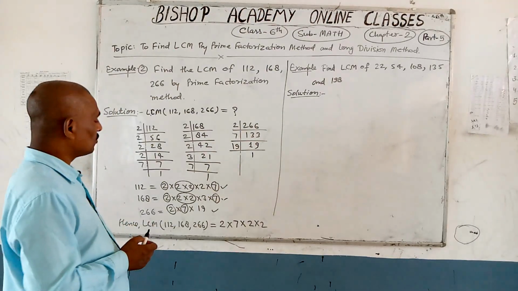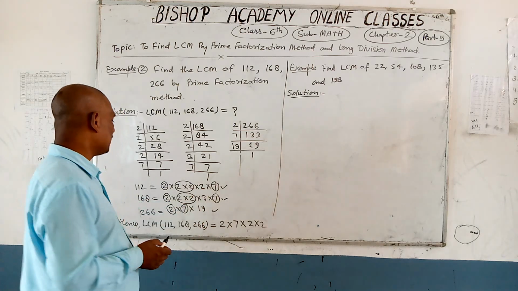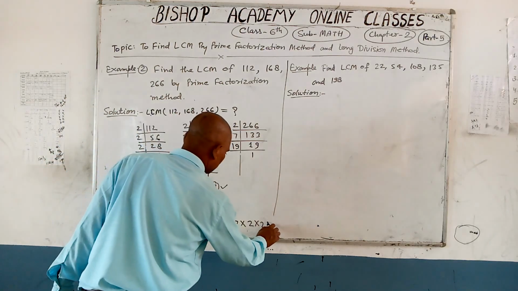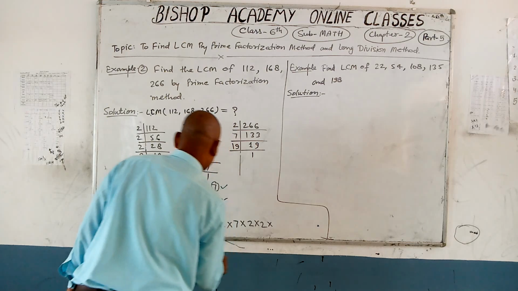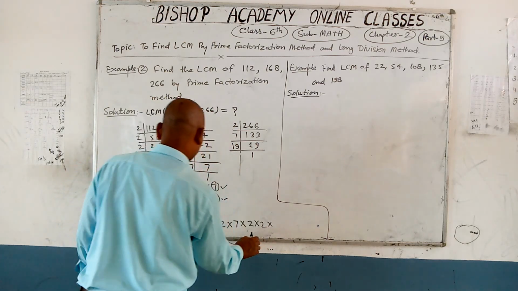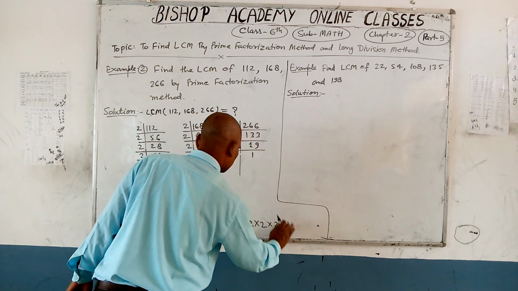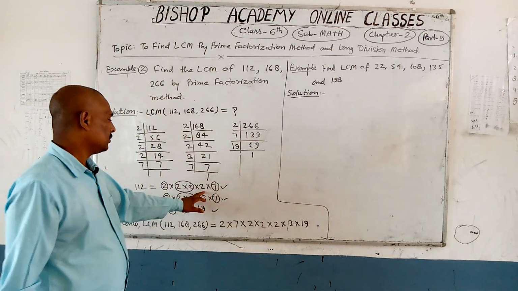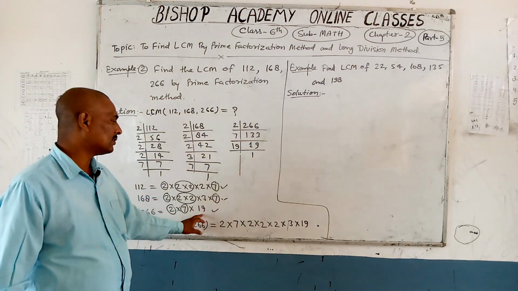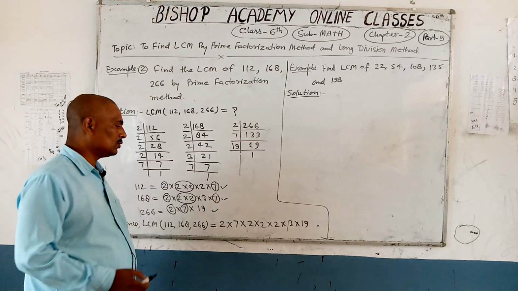So you will multiply the remaining factors with the factors written here: 2, multiply 3, multiply 19. 2, 3 and 19 are to multiply with 2 into 7 into 2 into 2.